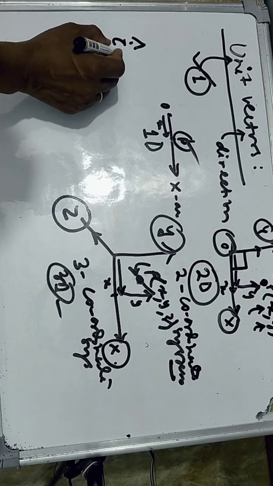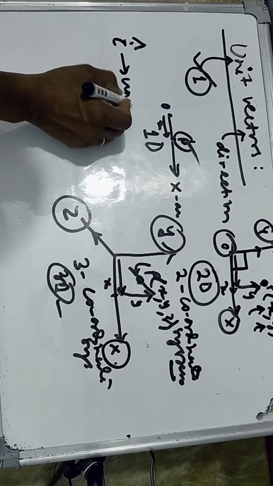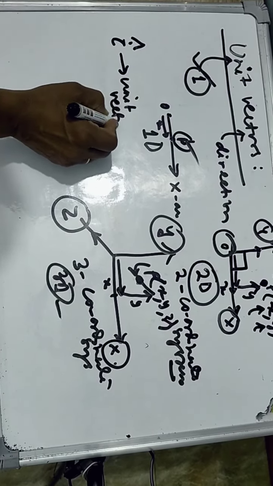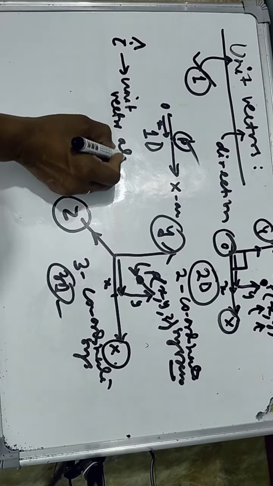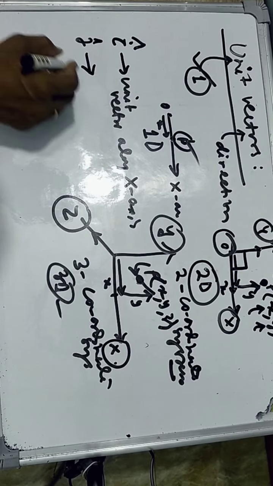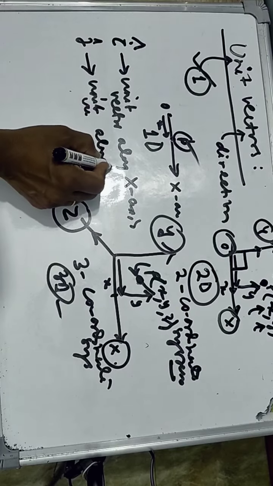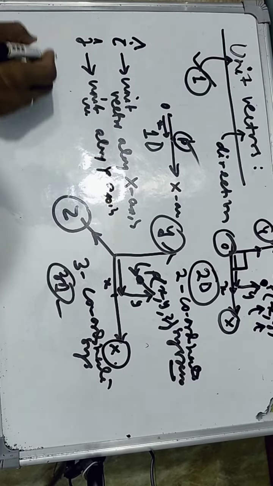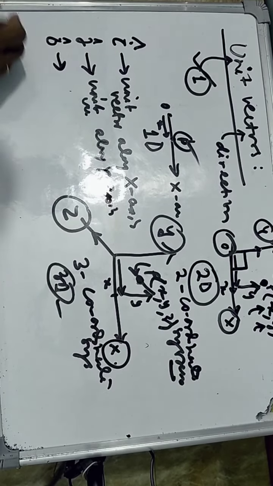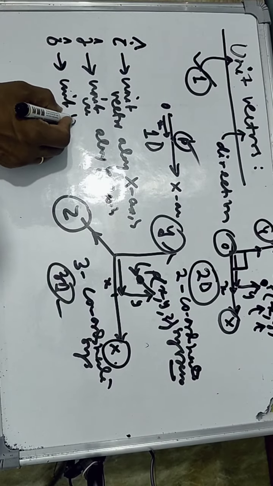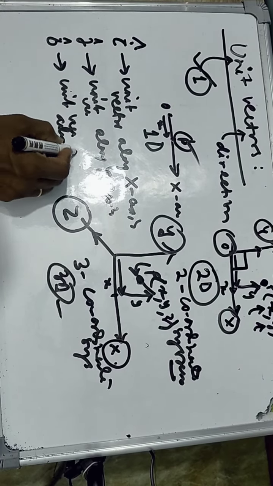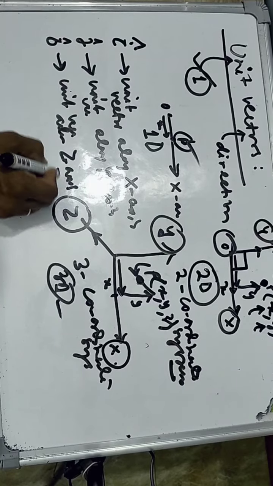That is, I cap is the unit vector along x-axis, whereas j will represent unit vector along y-axis and k will represent unit vector along z-axis.